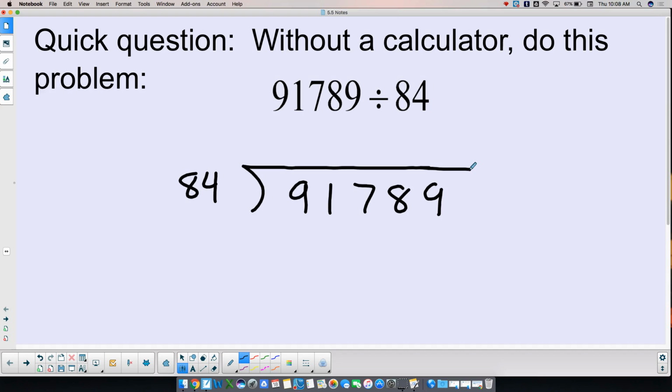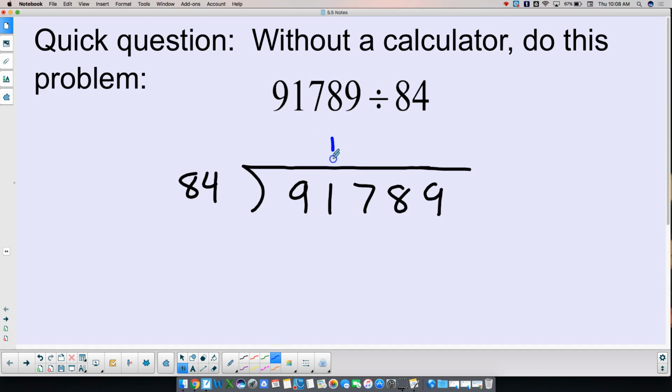And in this case, no. So I don't have to put a leading 0. Then I look at the first 2 digits. Yes or no? Yes. How many times? 1. So what do we do? Put a 1 above the 1.